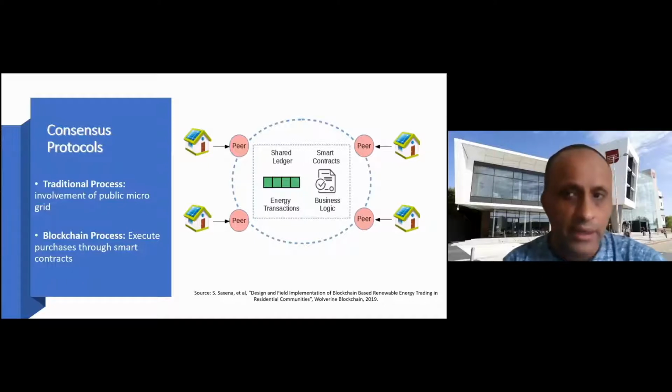On the other hand, in the conventional process, we involve a public microgrid. However, the blockchain driven process executes trade deals through smart contracts. So conventionally we have blockchain based smart contract driven energy trading systems.